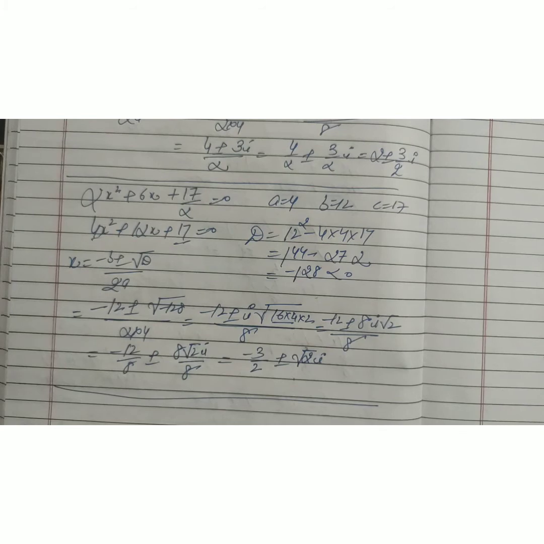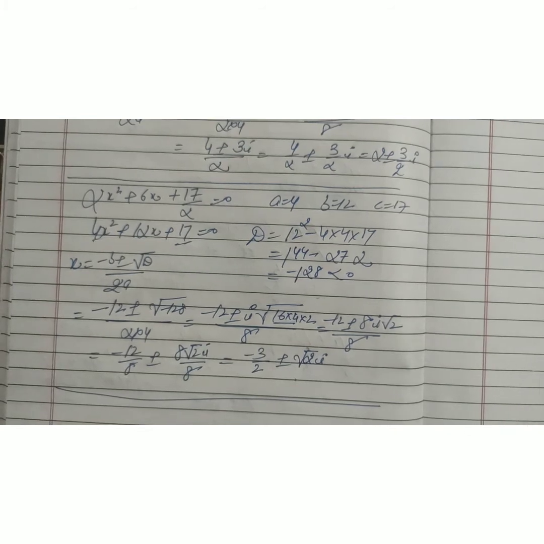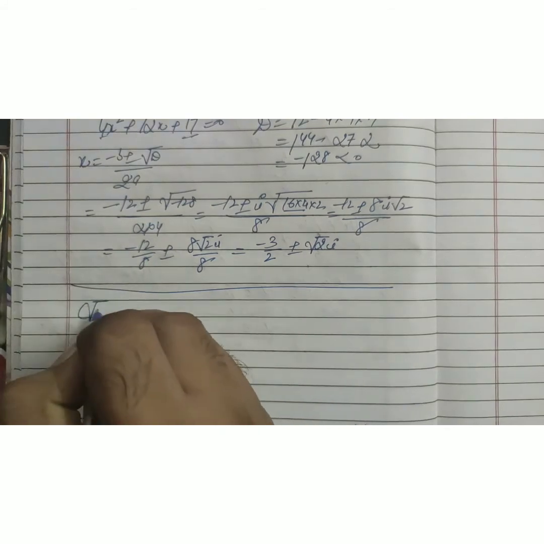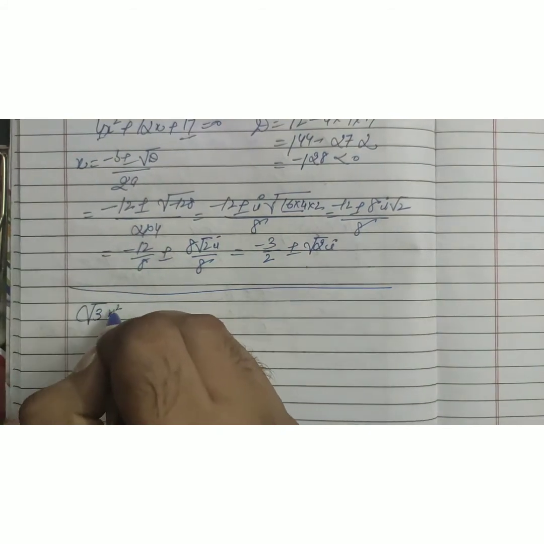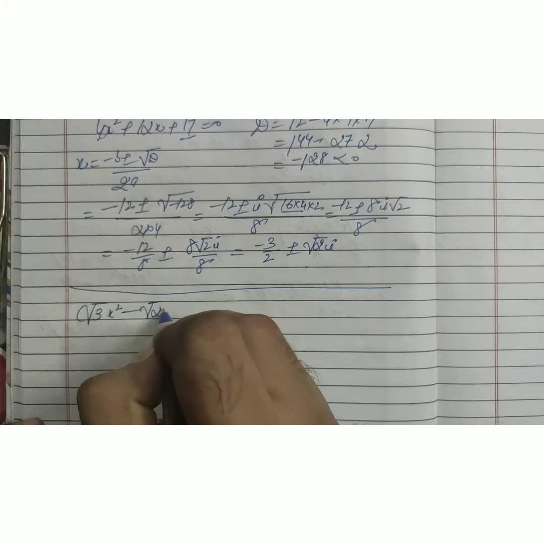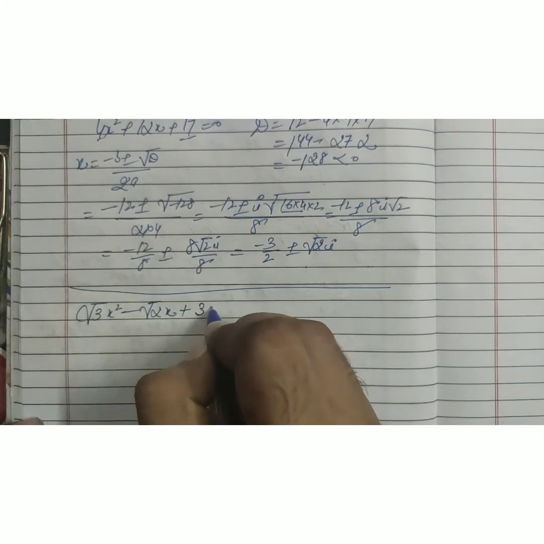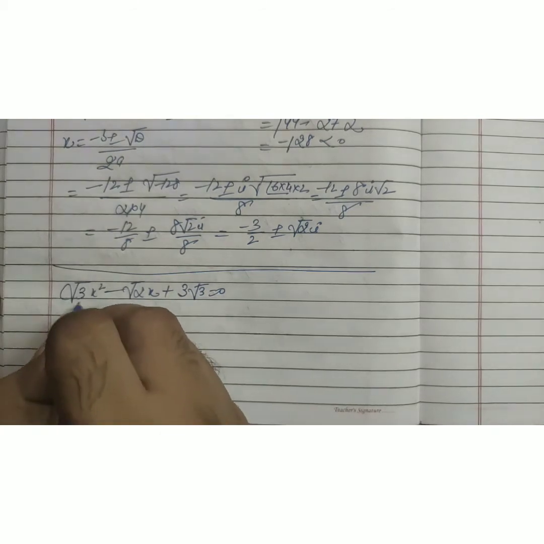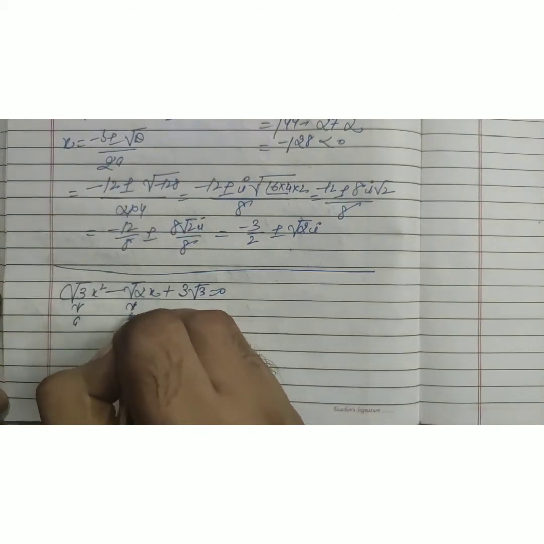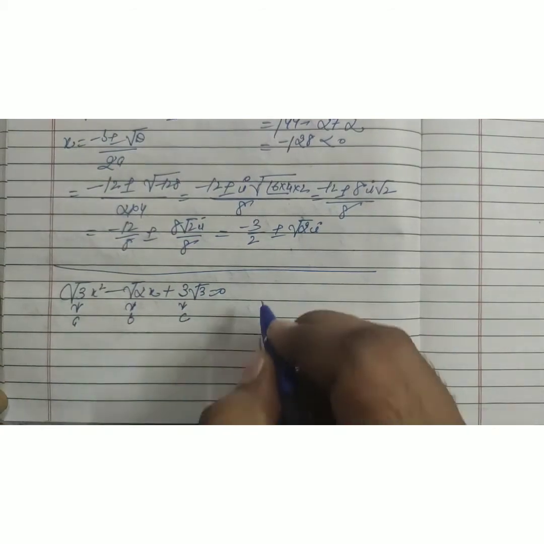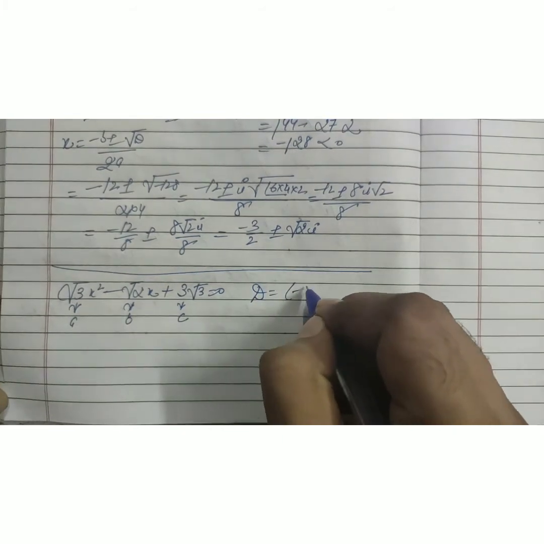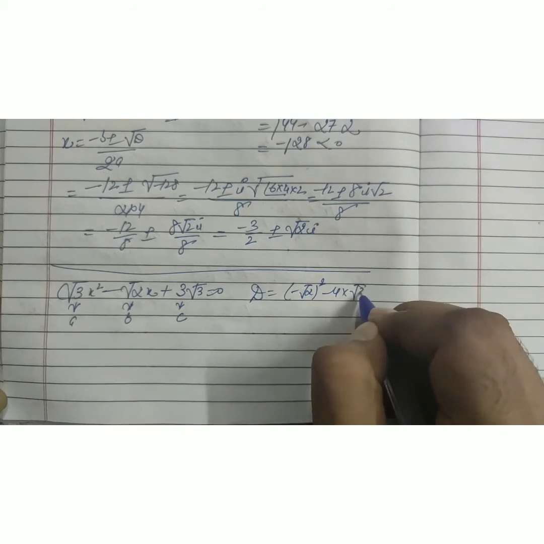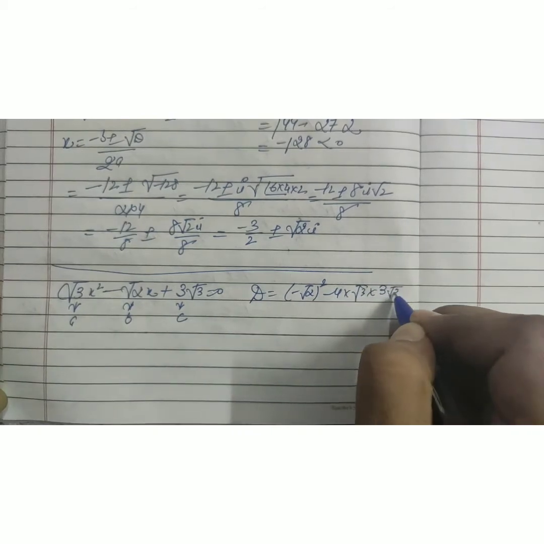In the same way we can simplify the case of a square root term. For example, we are going to take square root 3 times x square minus square root 2 times x plus 3 square root 3 is equal to 0. Here the value of a is given by square root 3, b is given by this one, and this is the value of c. D is given by b square minus 4 into a into c.